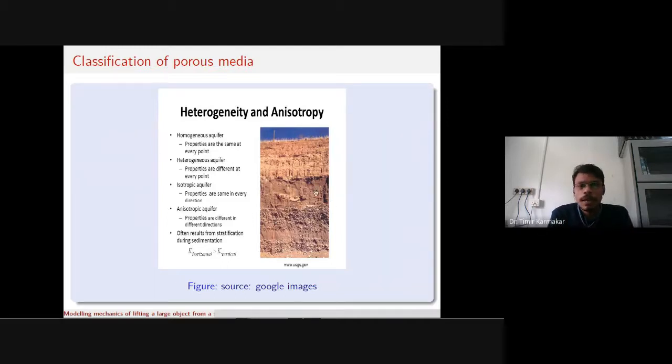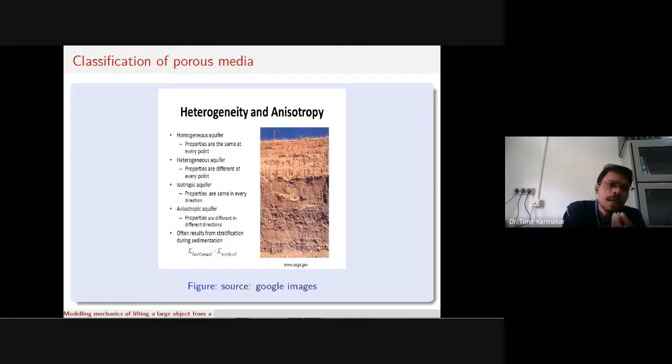For example, if you look at this picture, the rock is formed as a horizontally layered formation. That means if we put water, it can pass in the horizontal direction more easily than in the vertical direction. So in this case, horizontal permeability will be larger than the vertical permeability. This anisotropy actually occurs very much in most soils.